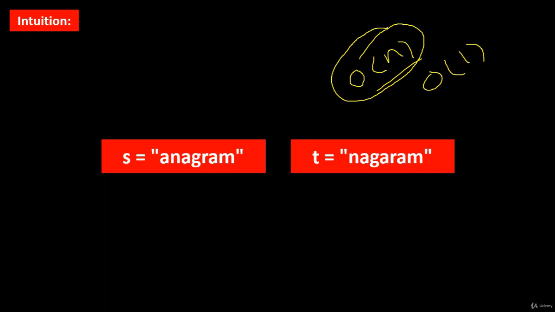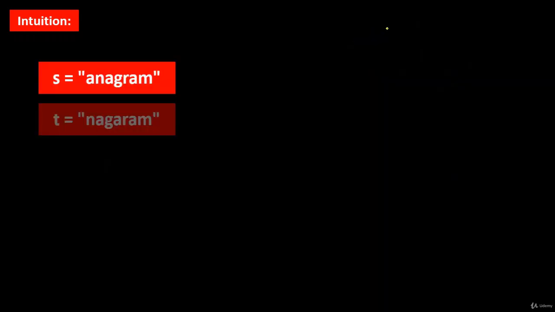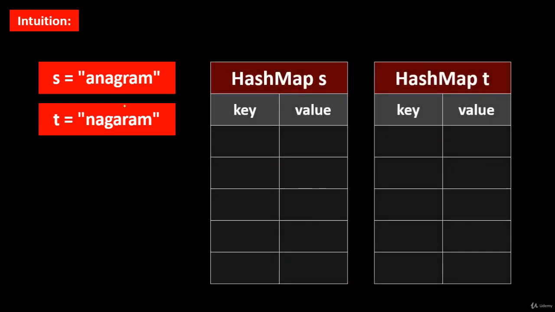For that, we're going to use a hash map. Let's see how we can solve this problem using a hash map. Alright, let's suppose that we're given these two strings, s equal to this string and t equal to this string. And we have 2 hash maps: hash map s for the string s, and hash map t for the string t.